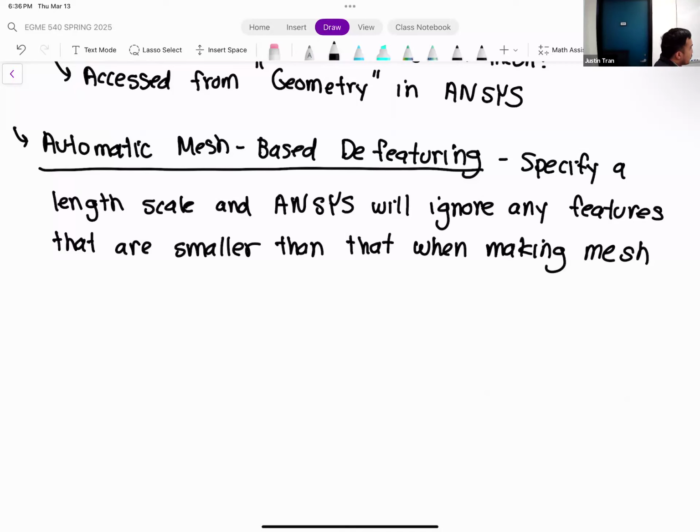So this would be a good feature if you have a lot of threads, or a lot of bolts in your CAD model, and all those bolts are of a certain width or size, and you can just tell ANSYS to ignore everything that's less than 1/8 of an inch. Then it'll automatically do that and produce for you a much nicer mesh.